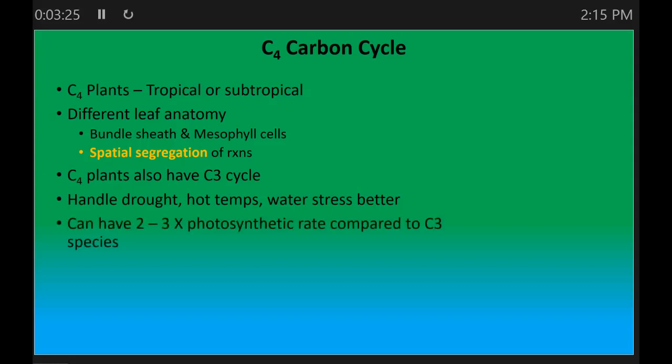And when they study them in the lab, they show that C4 plants can have 2 to 3 times the photosynthetic rate compared to C3 plants. And one of the huge payoffs to running the C4 cycle is this last bullet point, where what it's really doing is concentrating a bunch of CO2 right around rubisco.